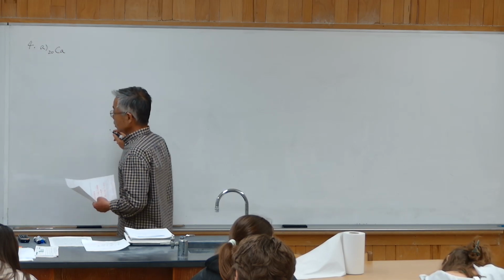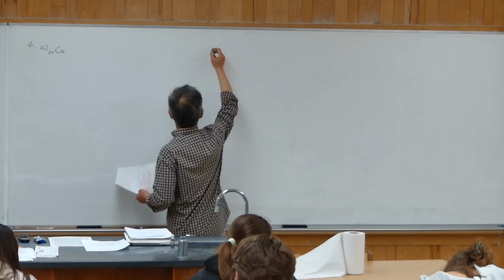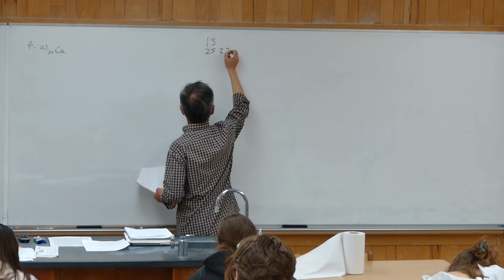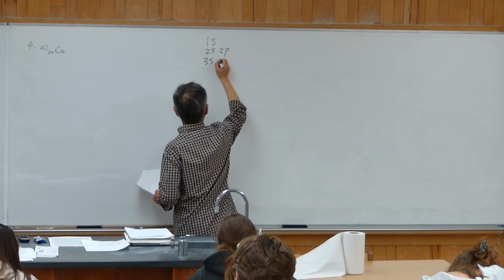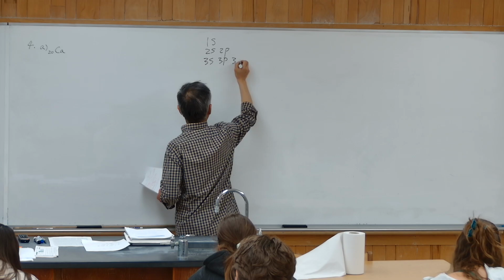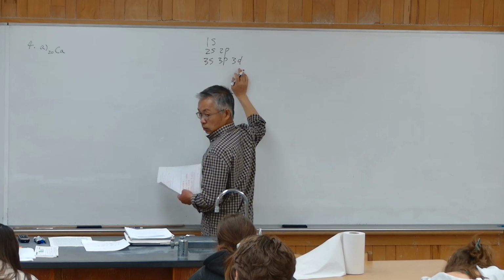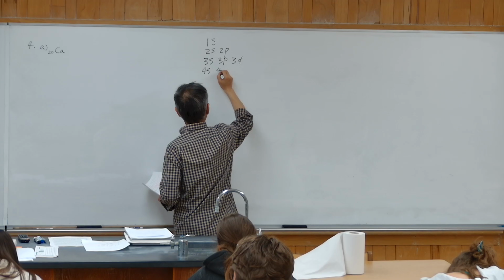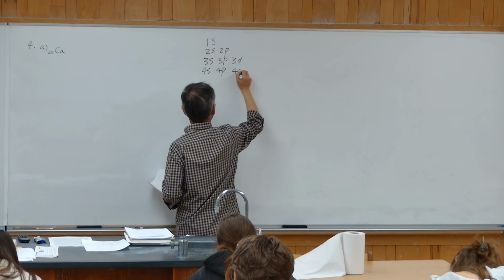And you need to use this chart. So 1s first, then 2s, 2p, 3s, 3p, 3d. D starts here at 3. Then 4s, 4p, 4d.